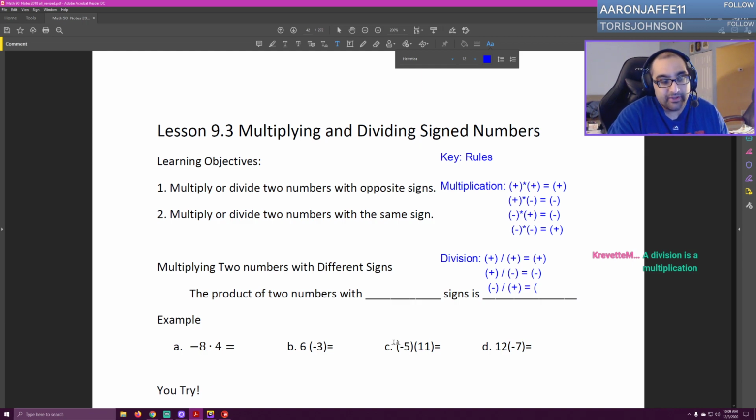If we take a negative and divide it by a positive, once again no matter which way we write it, just like multiplication, that's still going to be negative. And then finally, if we take a negative number and divide it by another negative number, I'm going to put this over here on this side because I'm running out of space.